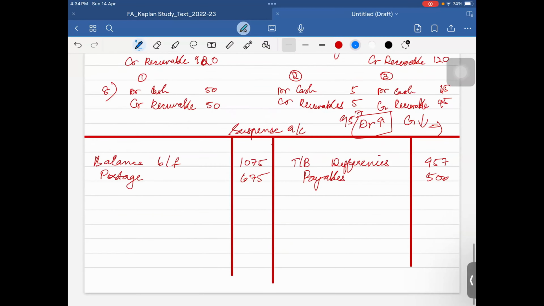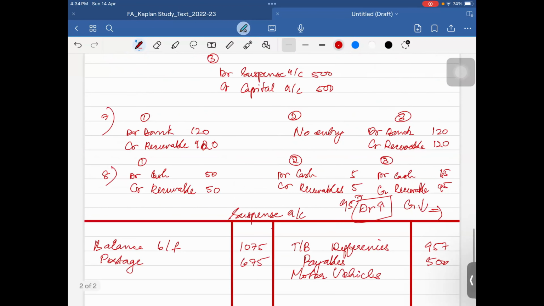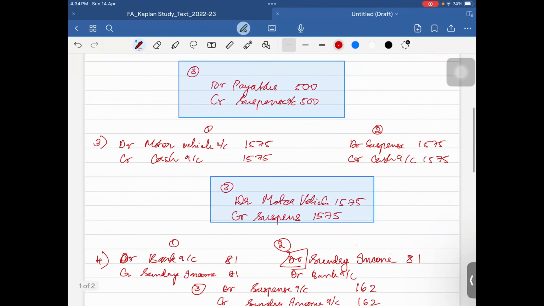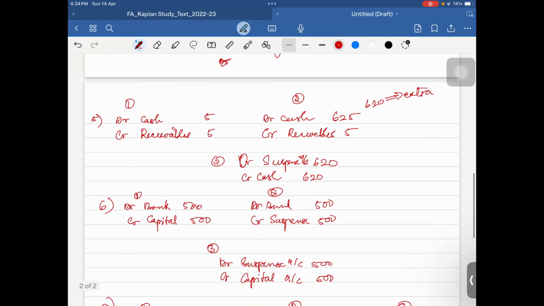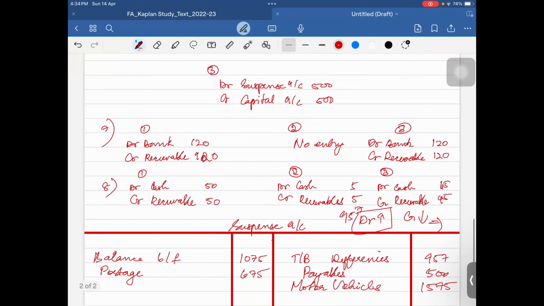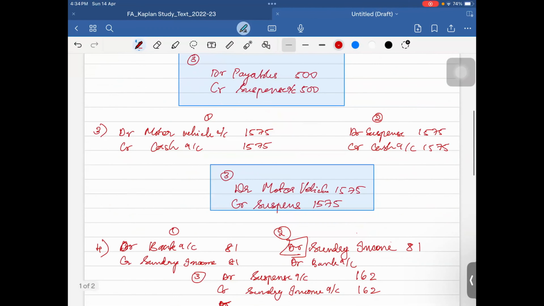Clear? 1575, right? Okay. Next one. Suspense is on which side?